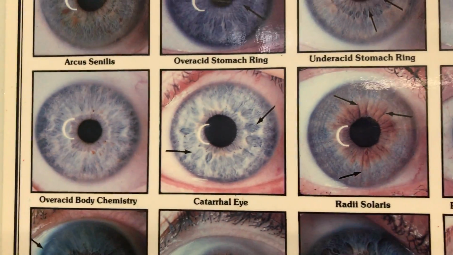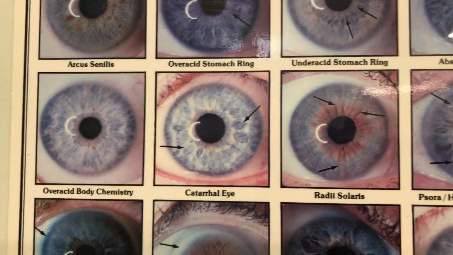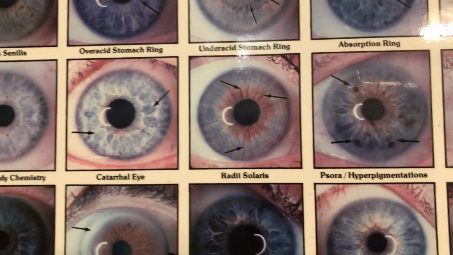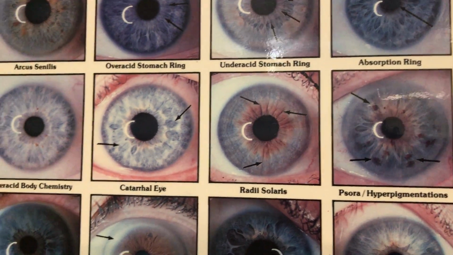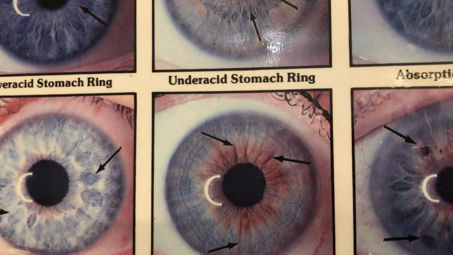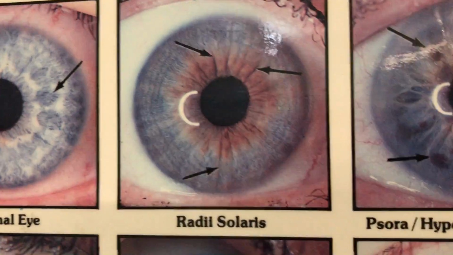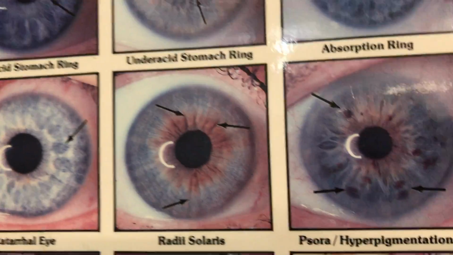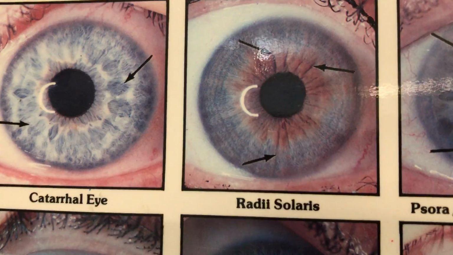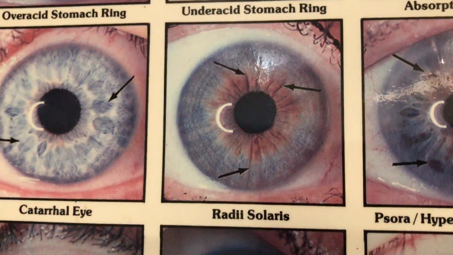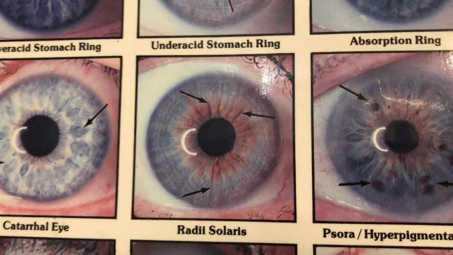Now over here we have a whitish overlay. Over here also in another eye we have more of an orange overlay, and we have these deep furrows or lines there. We can see the circular lines which relate to stress, and we can see the lines that are like sun rays, which are also about anxiety and stress and how it affects the body and the chemistry.